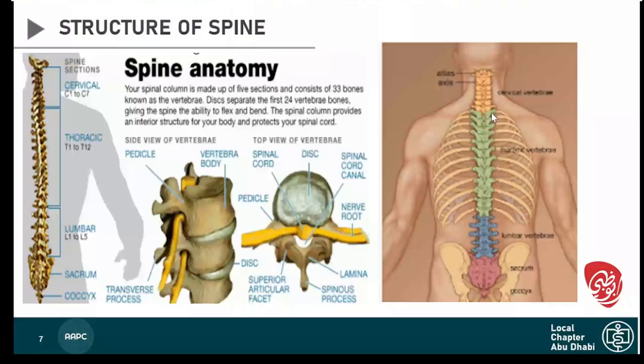T2 vertebra attaches to the next pair of rib bones, and so on till T12, and they form a thoracic cage. This thoracic cage helps in protecting the thoracic organs like heart, lungs, etc. Okay, so this is the main characteristic feature of the thoracic spine.